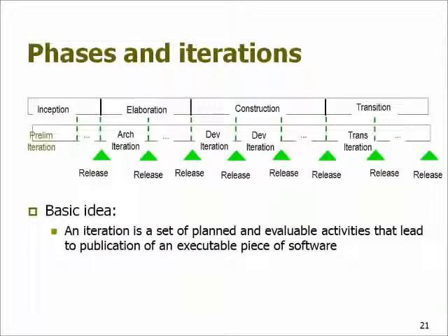So finally, on the rational unified process, there's a couple of slides about it more. There's the idea that we do all these different phases in smaller iterations. So we have something like 5 cycles for inception, 5 cycles for elaboration, 5 cycles for construction, and as many cycles as needed for the transition.